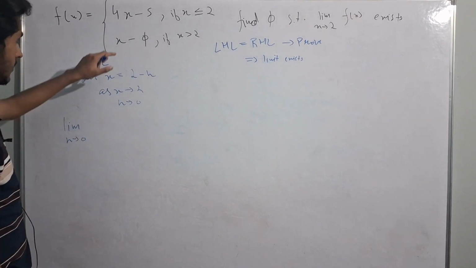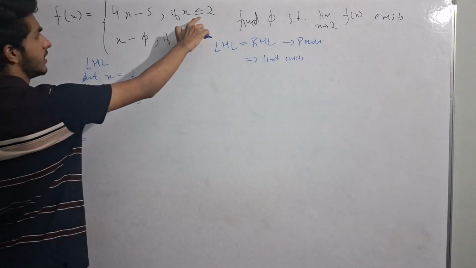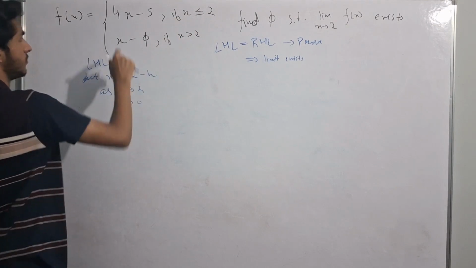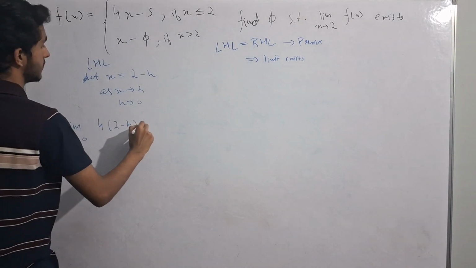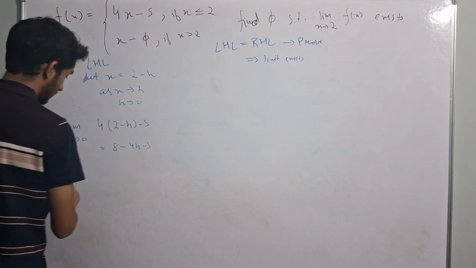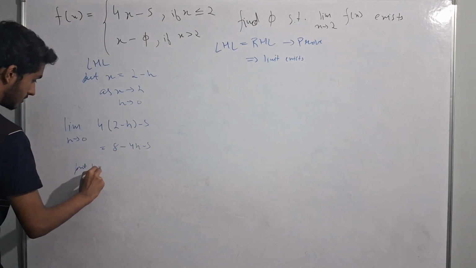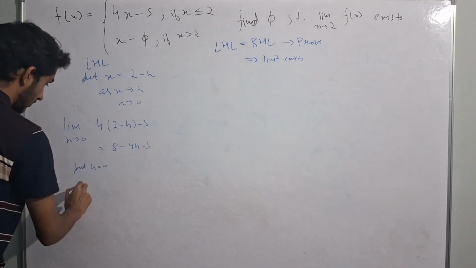So we have to pick out the equation in which x is less than 2. So here x is less than or equal to 2. So we'll go with this one. 4 into 2 minus h minus 5. This would be equal to 8 minus 4h minus 5. Put h is equal to 0. This gets 0. So 8 minus 5 is equal to 3.